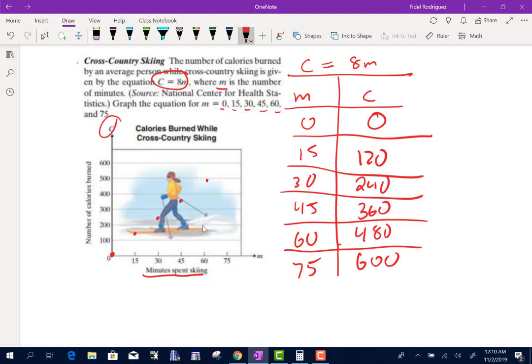And 75 should be right at 600, okay? It says graph the equation, so we could plot our points, and there it is, right? The more time you spend cross-country skiing, the more calories you burn. Does that make sense? Okay.